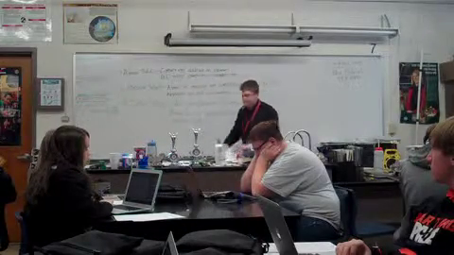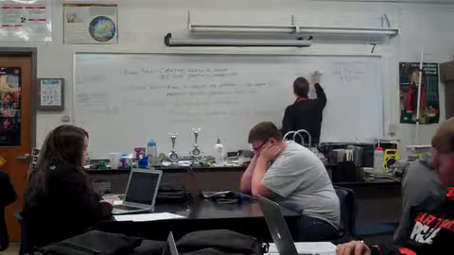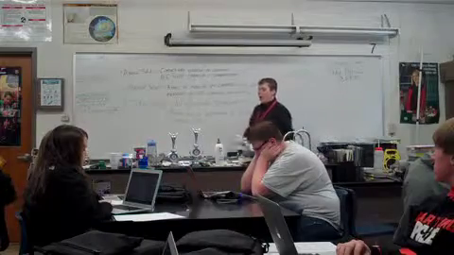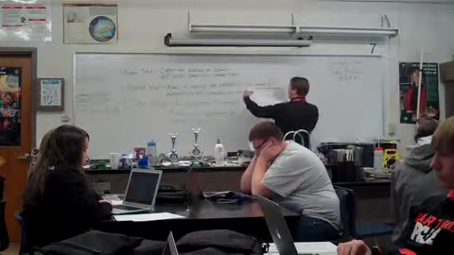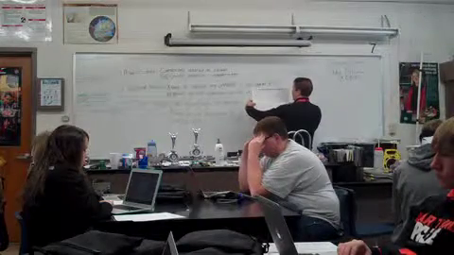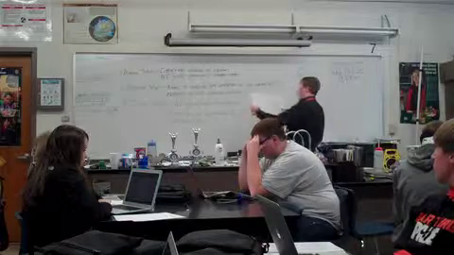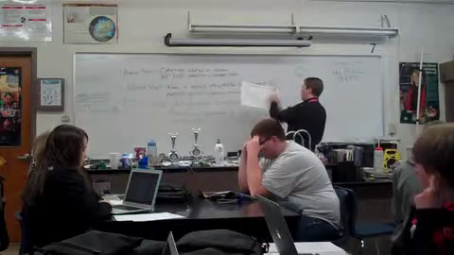So sodium oxide. In this one, there are 2 sodiums and 1 oxygen. Now, from our periodic table, sodium is in column 1A. It has a charge of a positive 1. Oxygen's over here in column 6A.